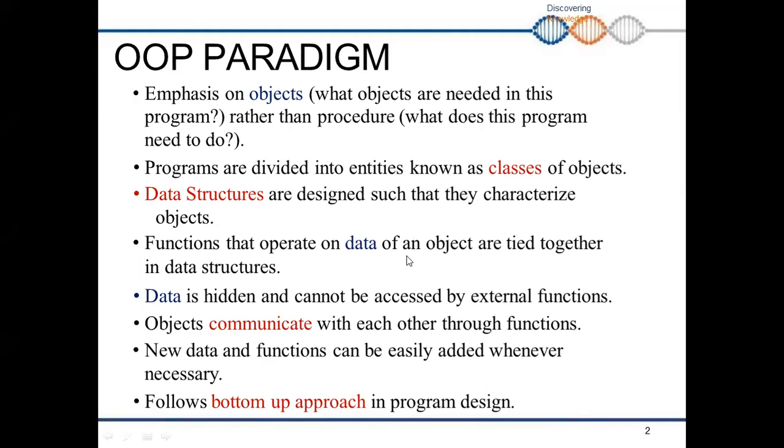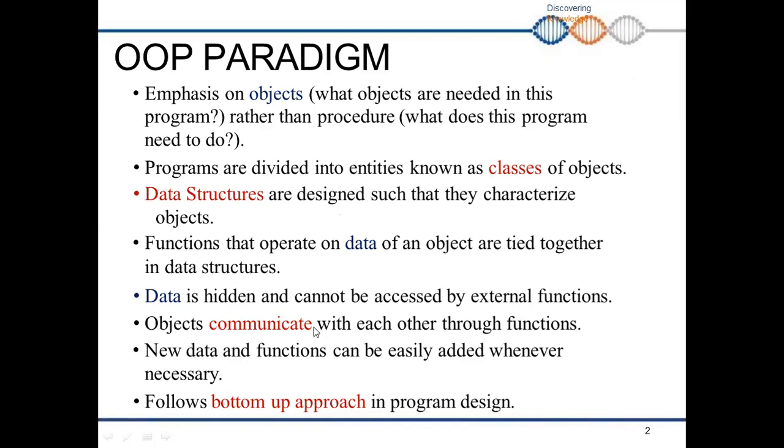Functions that operate on data of objects are tied together in data structures. In classes and objects, data and functions bind together and create a class, and the object uses that class. Data is hidden and cannot be accessed by external functions.